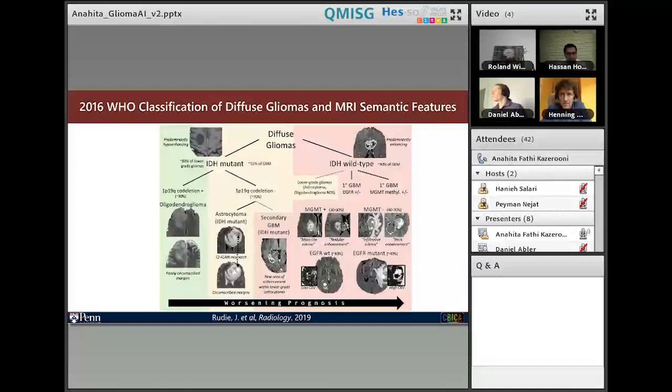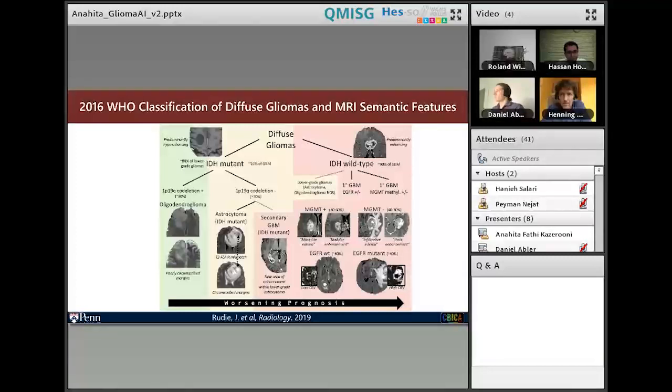And if morphology suggests that this should be GBM and IDH testing also suggests that this is a wild-type tumor, usually these tumors are predominantly enhancing on T1 post-contrast, and then further testing for EGFR and MGMT methylation should be done.